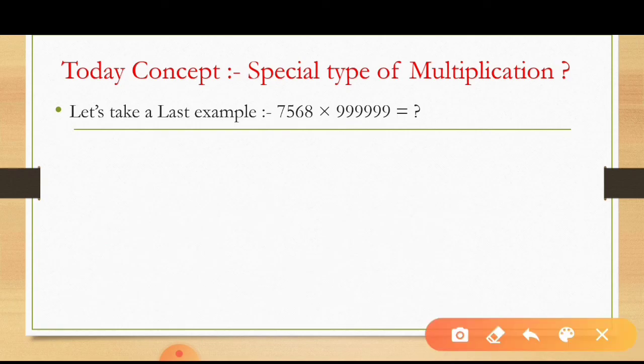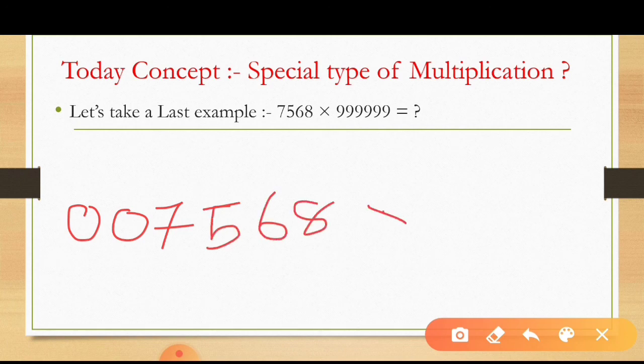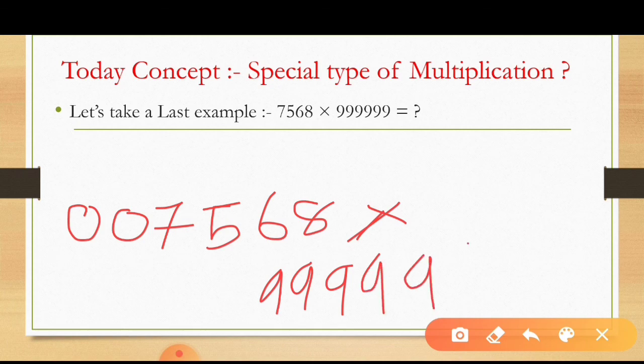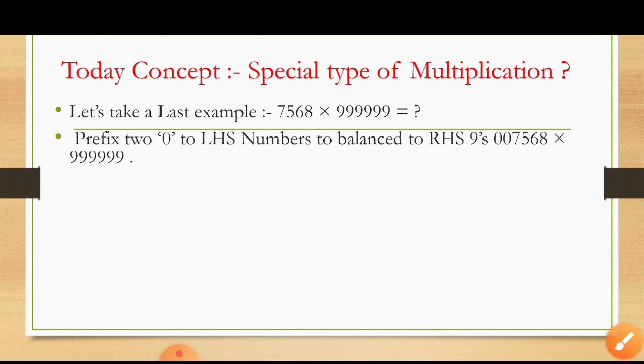So simply you have to put 2 zeros before the question. Means the question becomes 007568 into 999999. Prefix 2 zeros to the left hand side number to balance it with the right hand side number, the series of 9. Okay, the question arises like this.